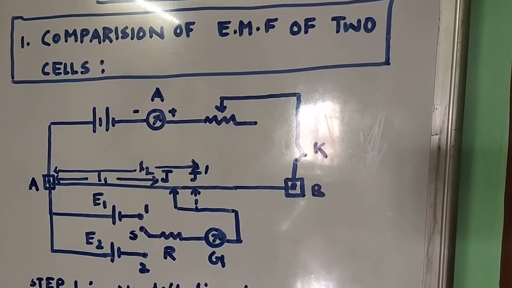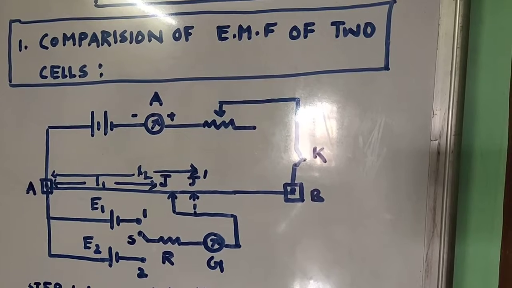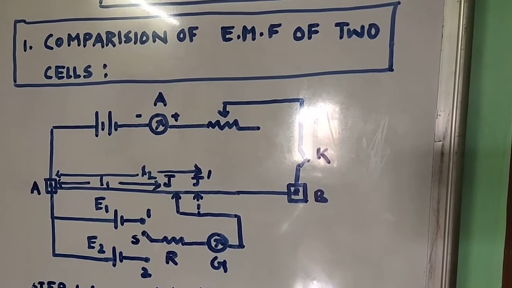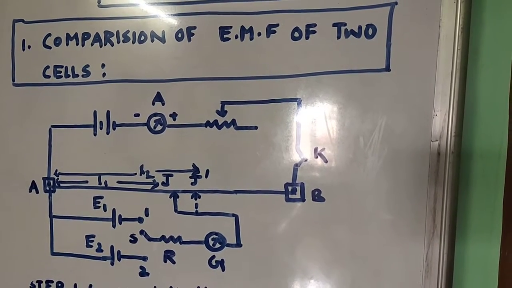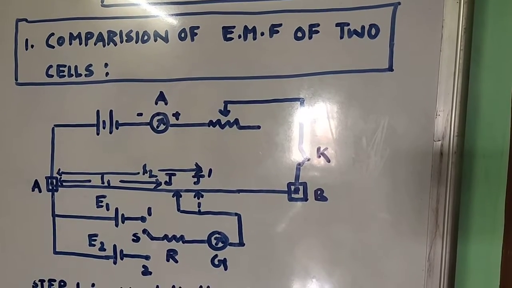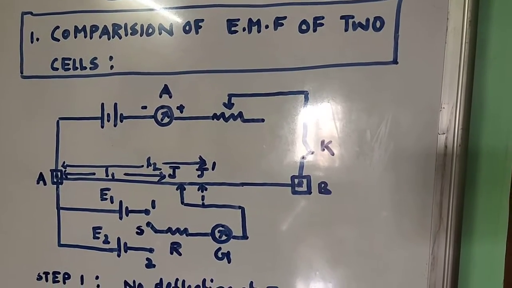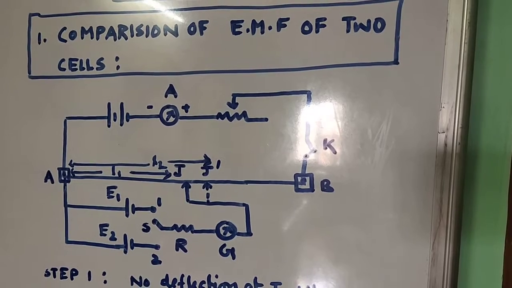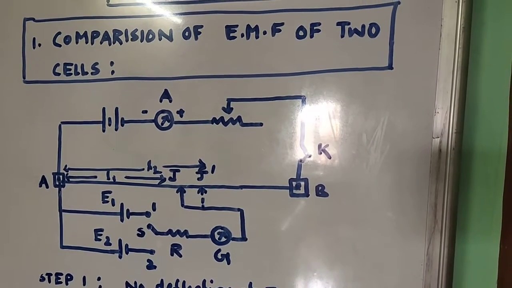You have a resistance R, and the free end of that resistance we define as S. In place of R you can use a resistance box. One terminal is connected to the galvanometer.